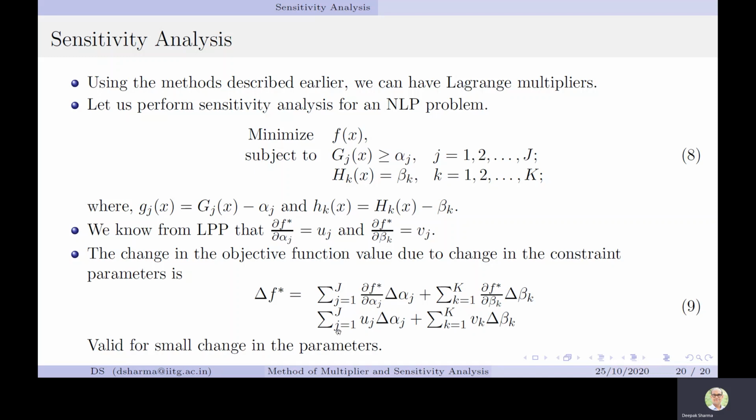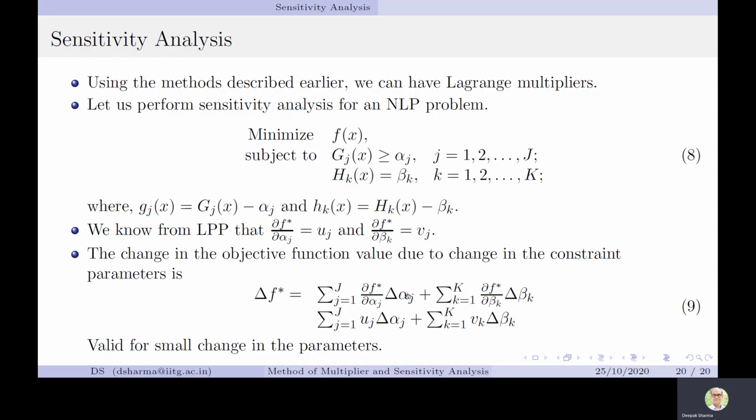So here you can see the summation over j equals 1 to capital J of Uj times the change delta alpha j, and similarly for the equality constraints. If I change the right hand side, say alpha j or beta k, and the Lagrangian multipliers are known, I can directly find the change in the objective function value. It is important to note that this is valid only when the change is small, meaning delta alpha j is a small change in alpha j.